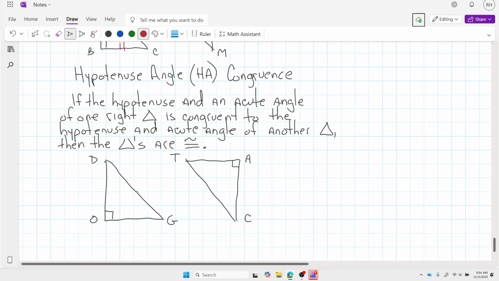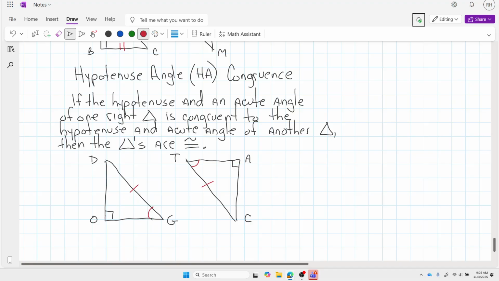Hypotenuse and an acute angle. So here's the hypotenuse. Here's an acute angle. Congruent to hypotenuse and an acute angle. Then the triangles are congruent. And really, it's the same as angle side congruence, angle side congruent to angle side. But we're going to call it hypotenuse angle.